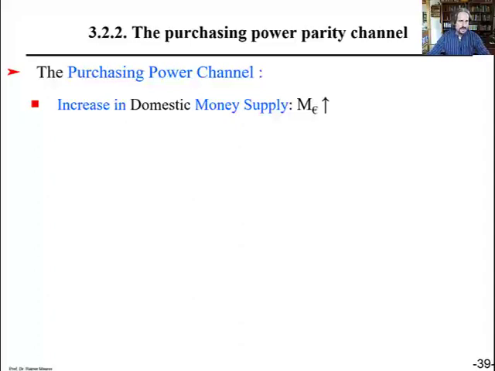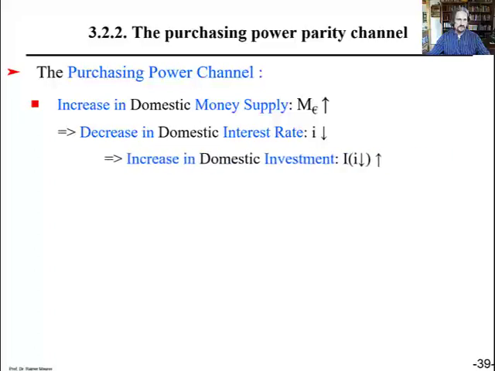We start again with an increase of money supply by the central bank. That, of course, leads to a decrease in the domestic interest rate. This decrease has now a couple of additional effects, as we have discussed when we discussed the interest parity channel.